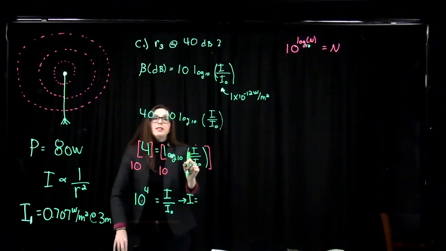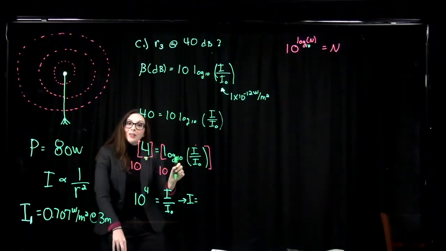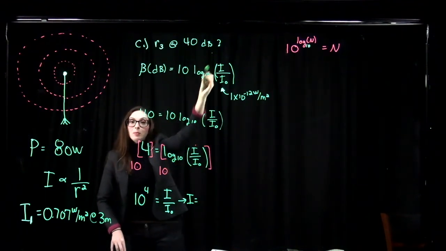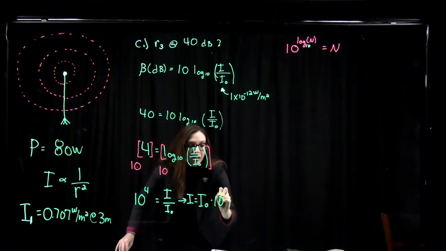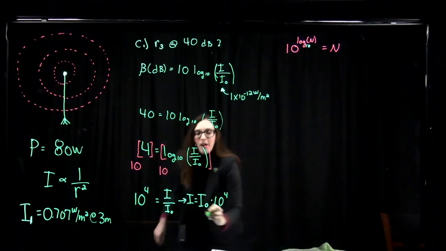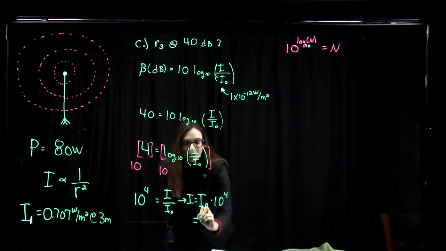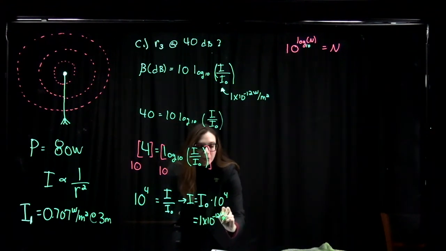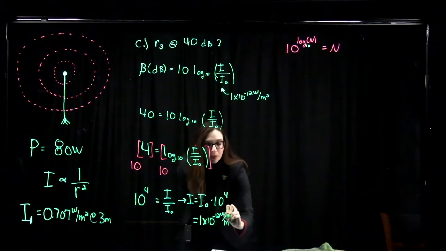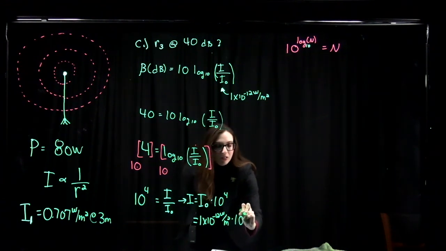So the intensity of our sound at 40 decibels is equal to I naught times 10 to the power of 4. Now I naught is the softest sound that a human can hear. That's 1 times 10 to the minus 12 watts per meter squared, and I multiply it by 10 to the 4.